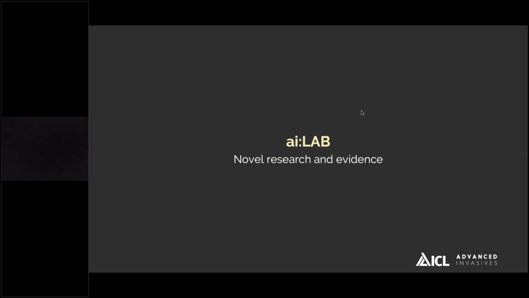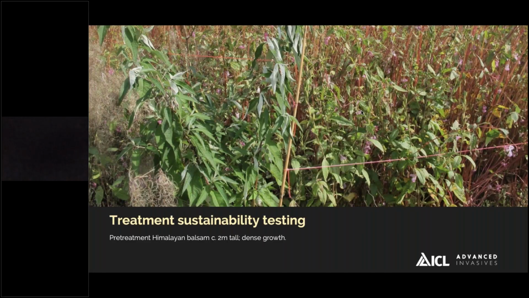Just to give you an idea of the numbers that underpin the contention that management of balsam at scale is going to be really difficult, we looked at how long it took to manage Himalayan balsam using a range of different methods at our field trial site.